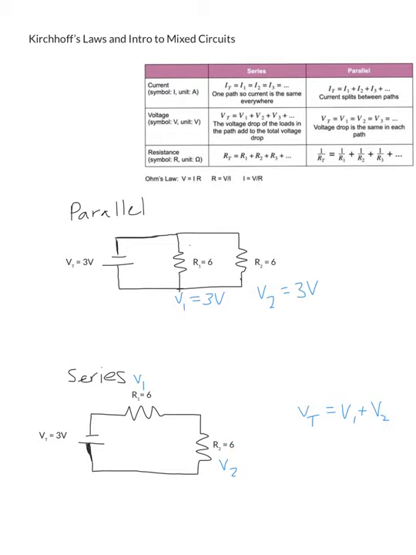But what we can do for both of these is find the total or equivalent resistance. For this parallel circuit, I want to use this formula where 1 over equivalent resistance is equal to 1 over R1 plus 1 over R2.